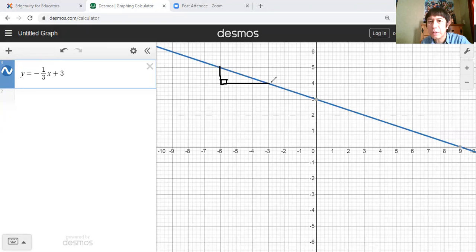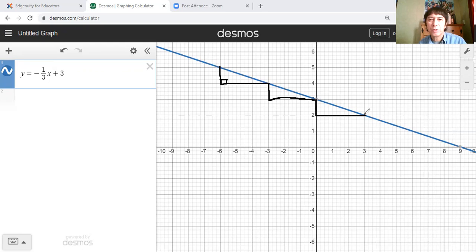I can also show that again, from here, 1/3, 1/3 there. You can see the points that I'm choosing. It must be where the line intersects the grids. That's how to describe your 1/3. So this is how a line with a negative slope looks.